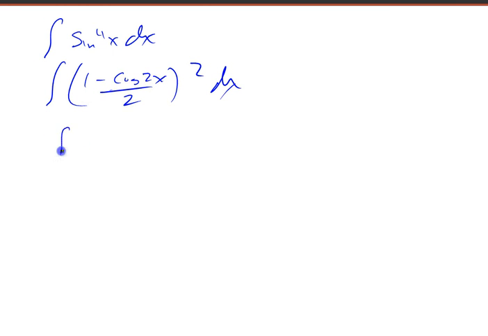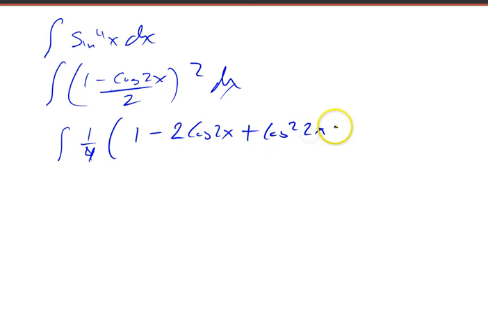So it's going to be 1/4 times, and when you square that out, so you do a FOIL, it's going to be 1 minus 2 cosine 2x plus cosine squared 2x. And you see what happens is that you get another cosine squared, which you now have to do a power reducing formula on.